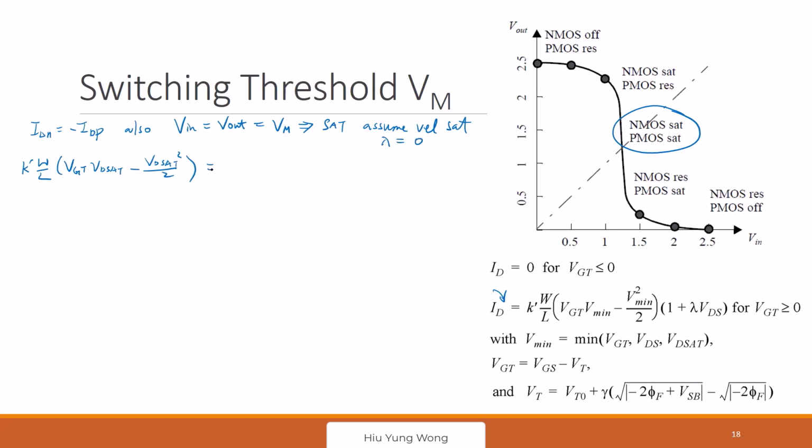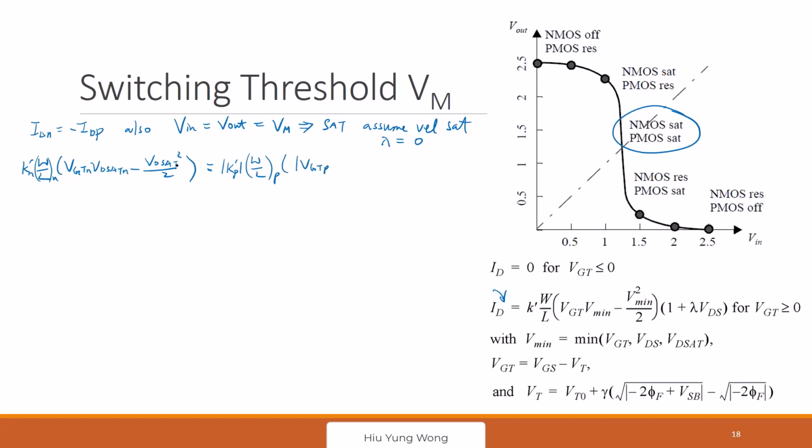Also for the PMOS, as I told you, I like to use absolute values, then I don't need to memorize the equation for PMOS. And here I forgot to say that this is the W/L for P, and this is the K'P for P. And again, this is VGTP. I just put N here.